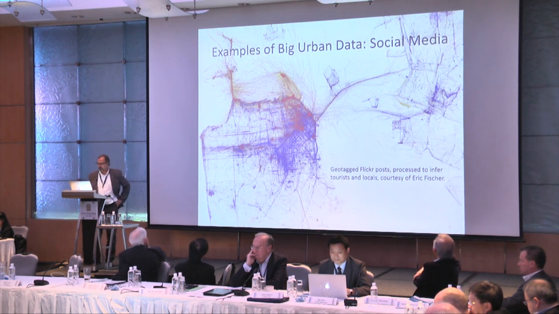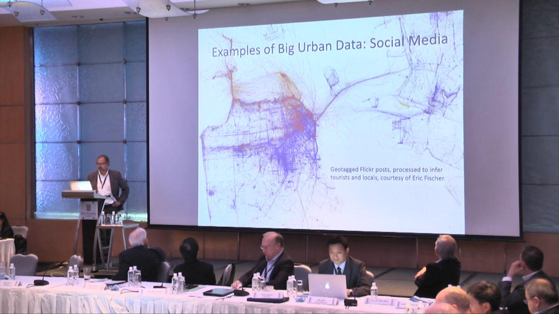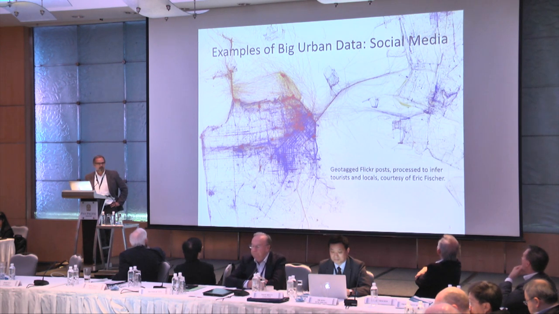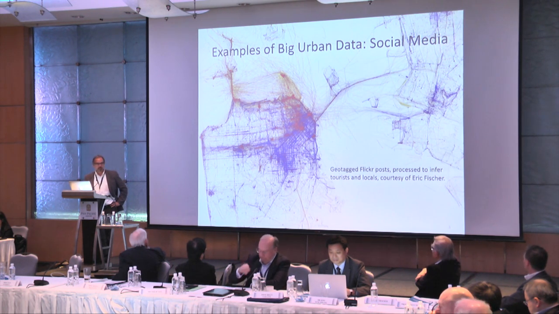So I'm going to start with a few visual examples to just jog our memory about what kinds of things we're talking about. This is a very common way of thinking about big data, is that we're mining all of these social media data, like geotagged Flickr posts in this case, and doing beautiful visualizations that also, in some cases, tell us something that's illuminating about patterns in a place.